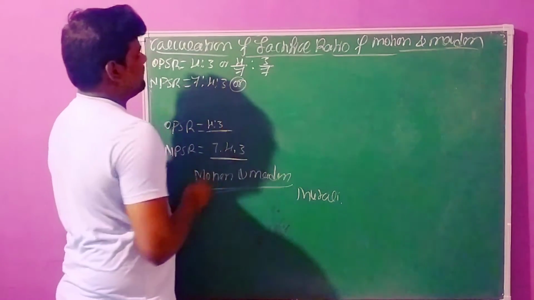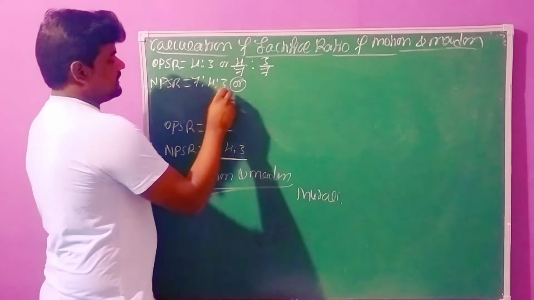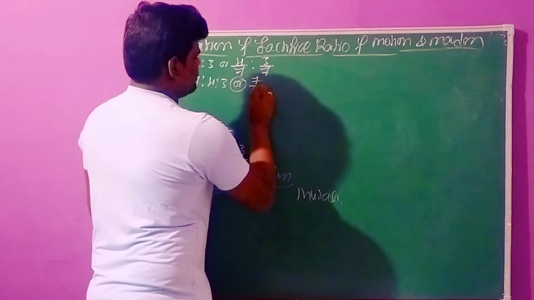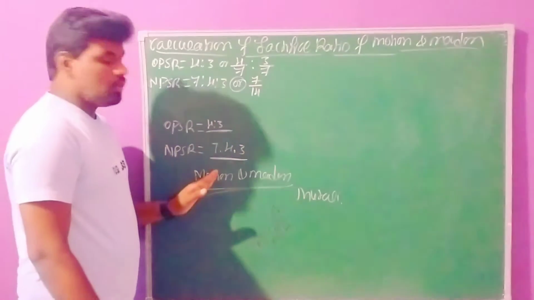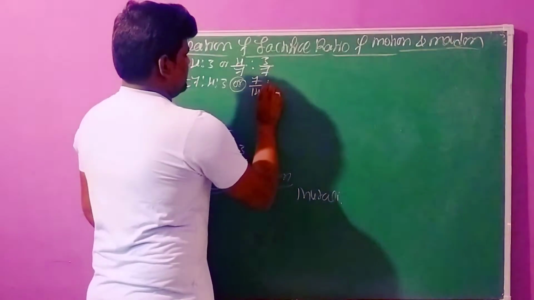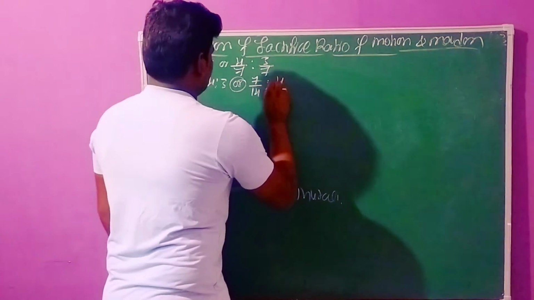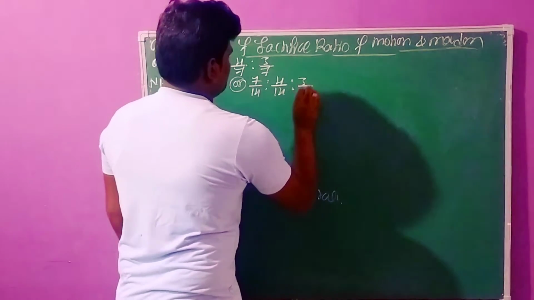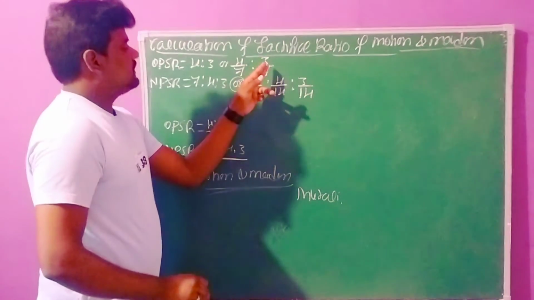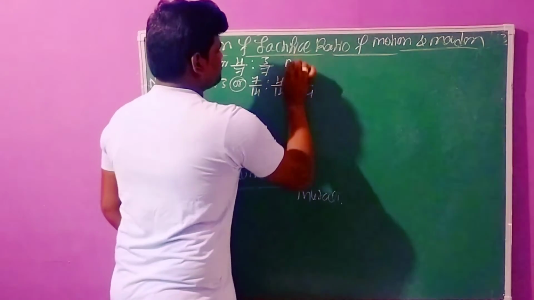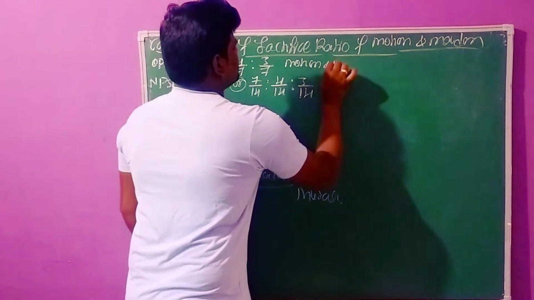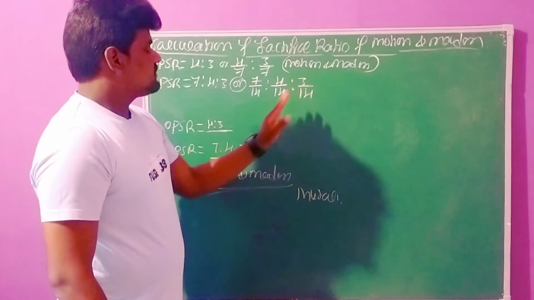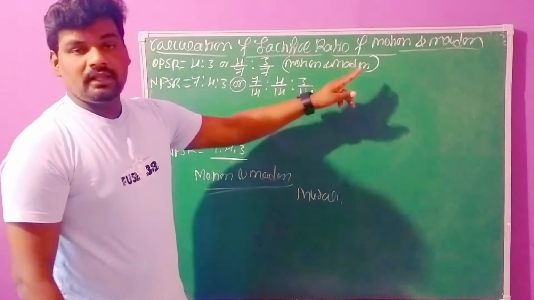These ratios we will convert. 7 plus 4 plus 3 is a total of 14. 7 divided by 14 is the share of Mohan, 4 divided by 14 and 3 divided by 14. This is the ratio of Mohan, Madan and Murali, 7:4:3.